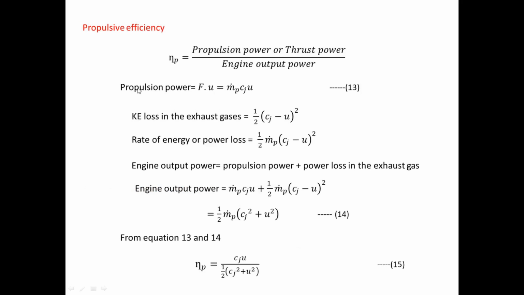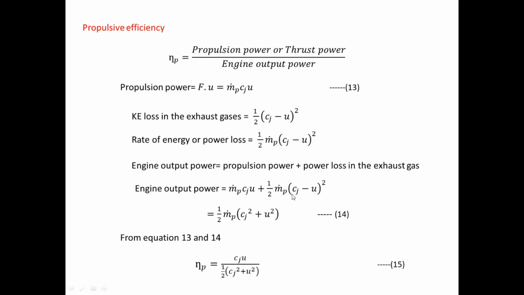Now the propulsive efficiency terms, so three different efficiencies. Propulsive efficiency is the propulsive power, or the thrust power, the power which actually drives the vehicle in the forward direction, divided by the power produced by the engine. So F into U is the expression for thrust power. So m dot p into Cj is the F value, and that into U will give the thrust power. The kinetic energy loss of the exhaust gases is half into m dot p into (Cj minus U) all square.